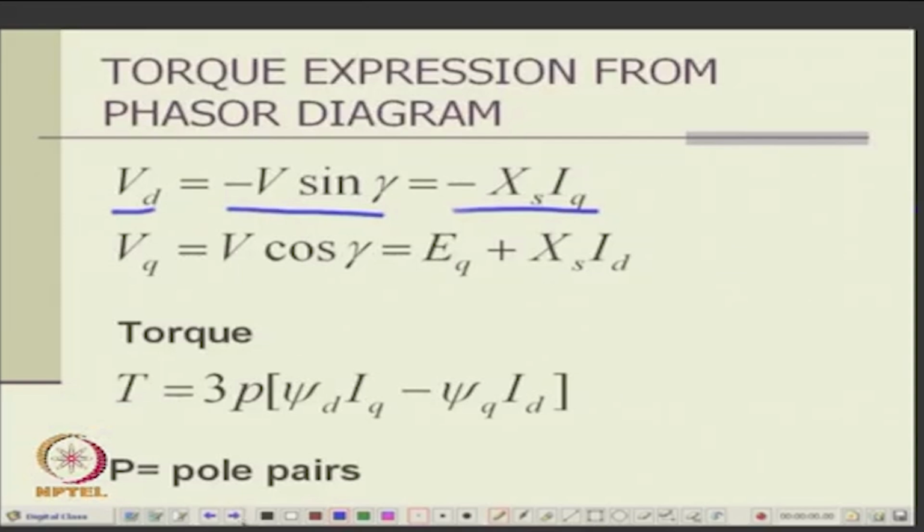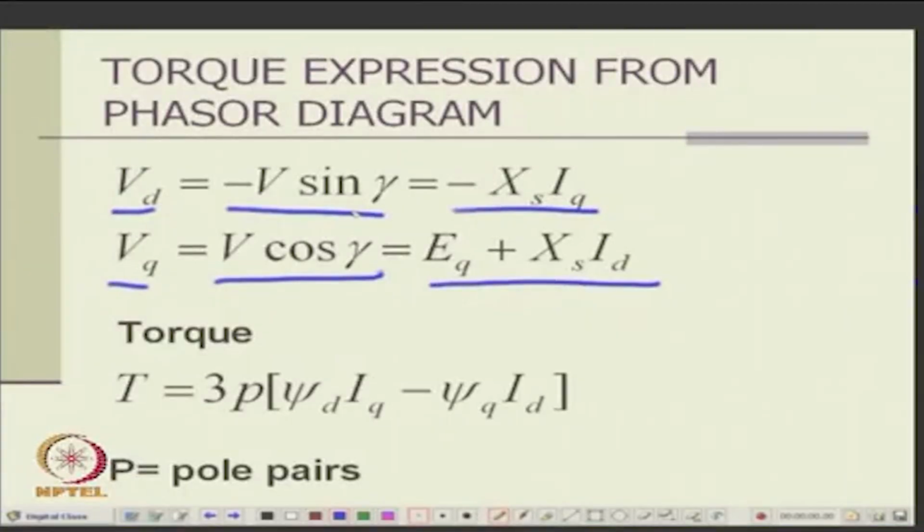And similarly, VQ will be EQ plus XS ID. I think it is very easy. That is, one is V sin gamma and the other is V cos gamma. And the torque will be 3 times P by 2 into psi d IQ minus psi q ID. This will be the torque.